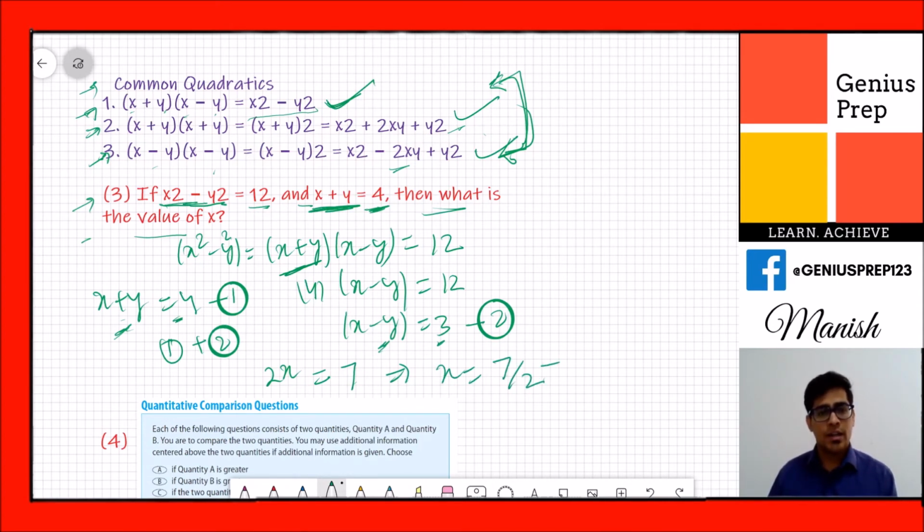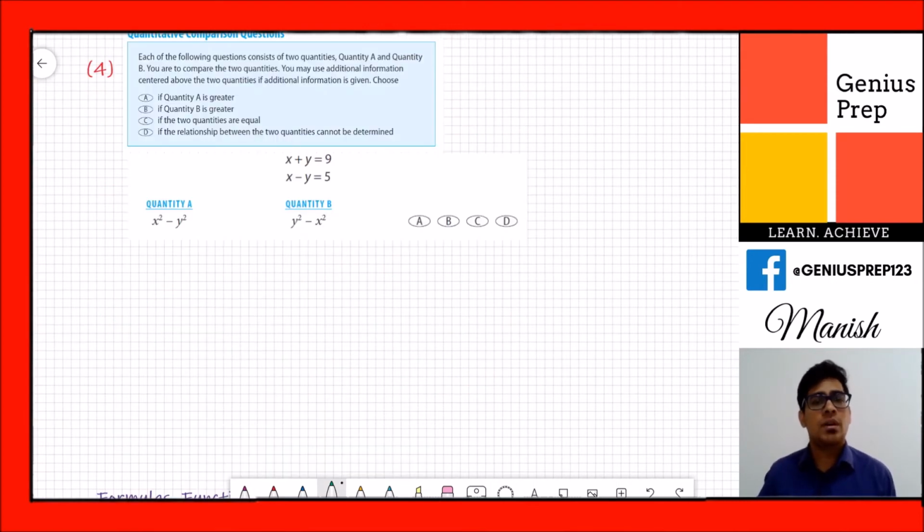I hope you get the answer. Now we are solving a question which we see in the GRE format. This is a quantitative comparison question in which we have to find out which option is correct based on the equation.